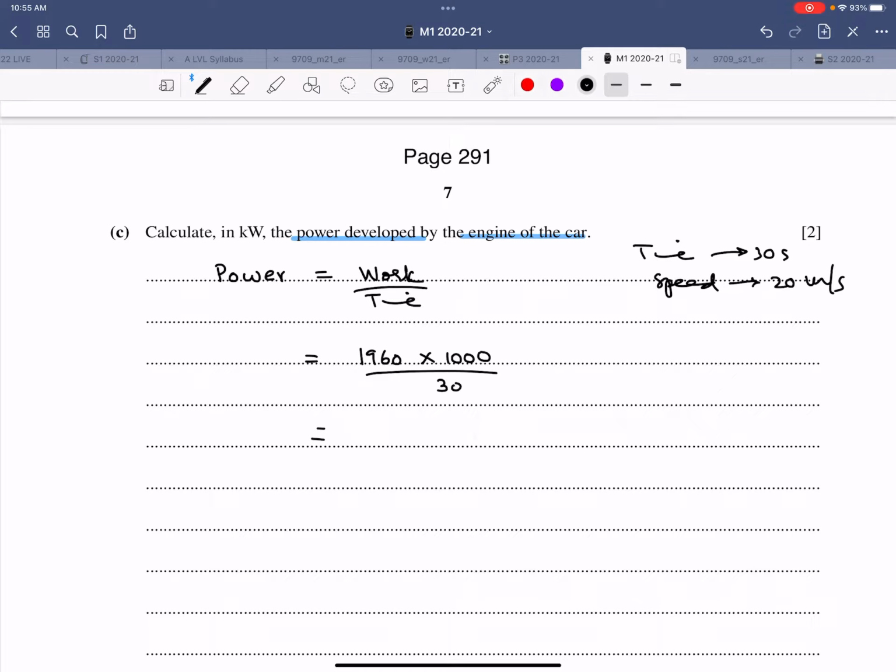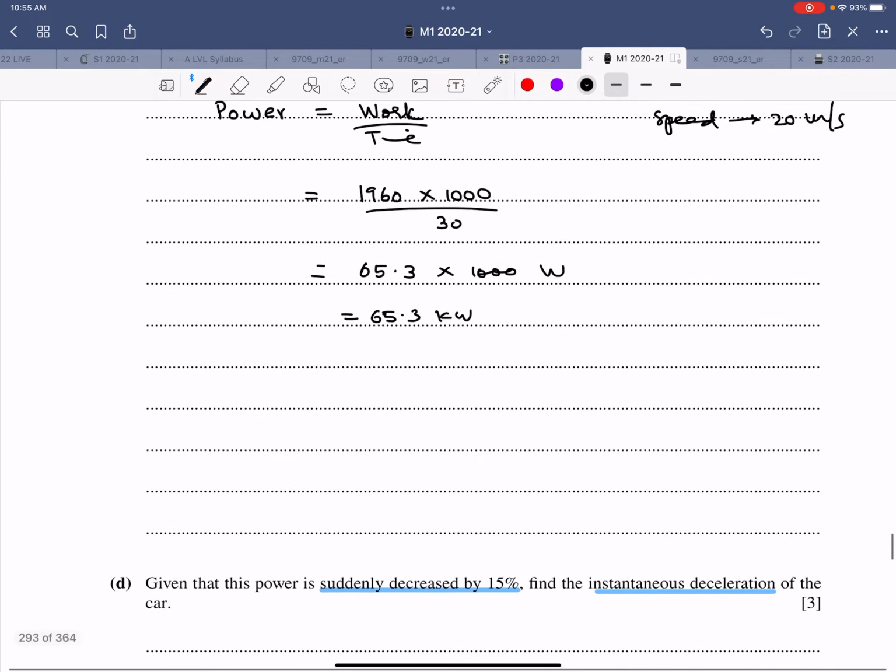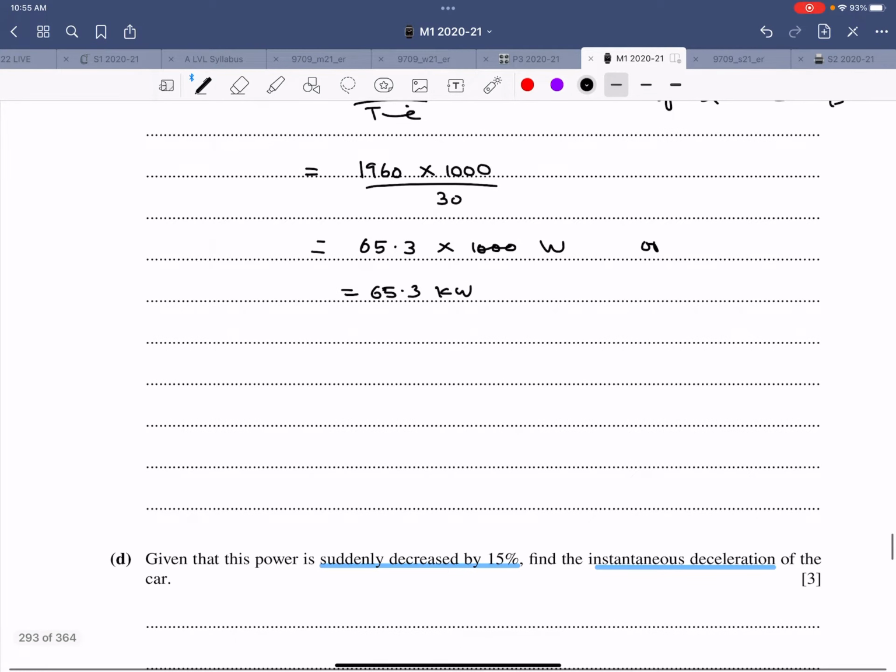So doing this calculation, this value comes out to be after rounding off 65.3 into 1000 watt, that is 65.3 kilowatt. In reality, the unrounded value, let me also give you that, 1960 into 1000 divided by 30, that is 65333.33.